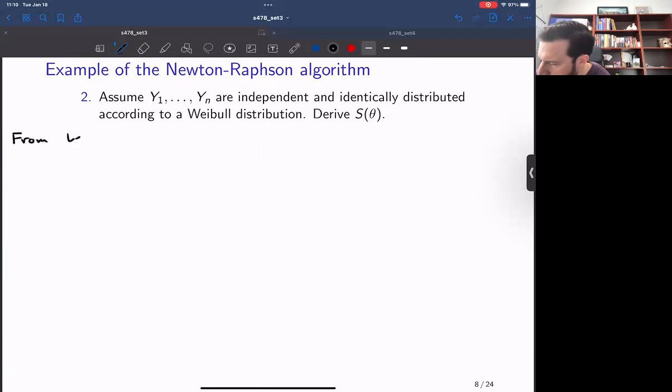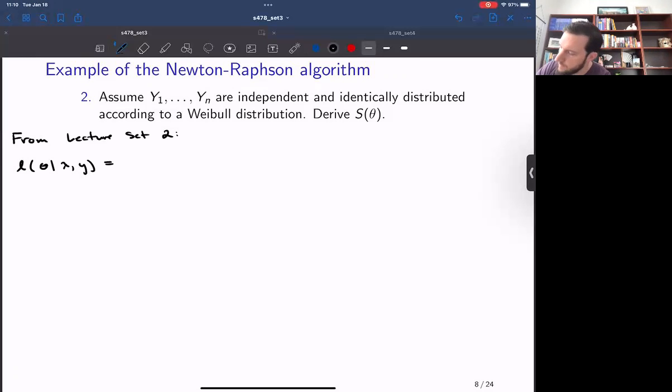From lecture set 2, the log likelihood function for theta given lambda and y in this case is going to be equal to, and we have 49 observations, so we need to consider the sum.